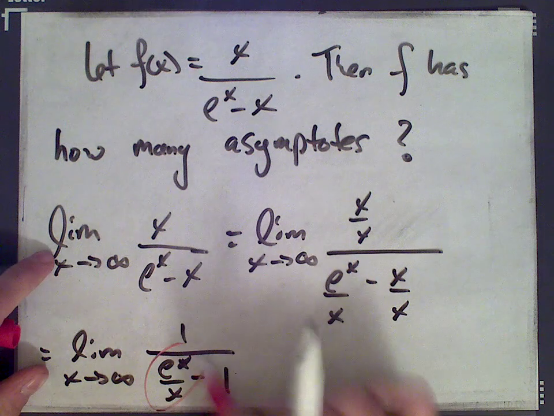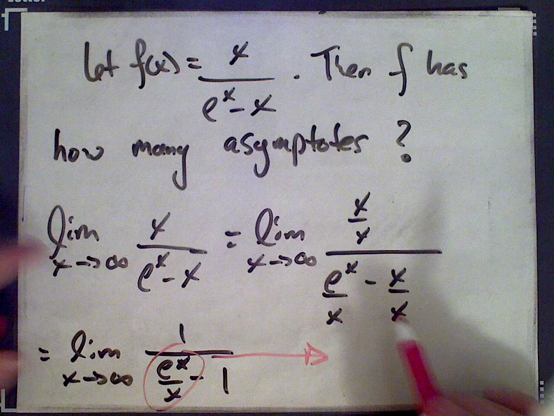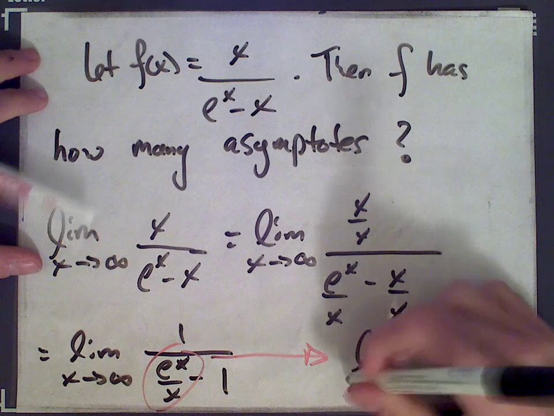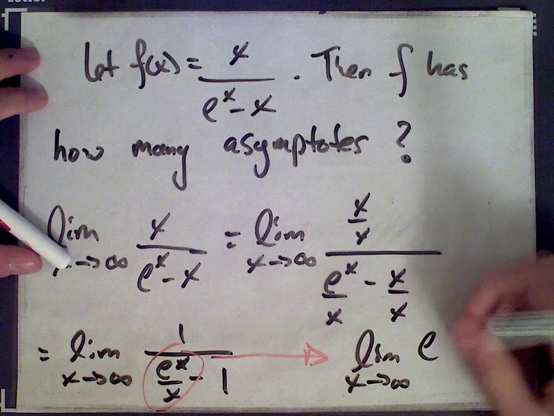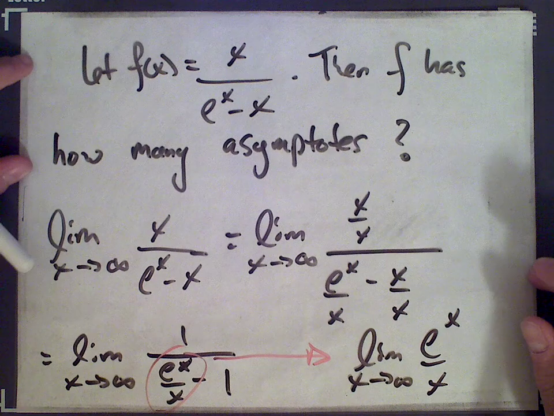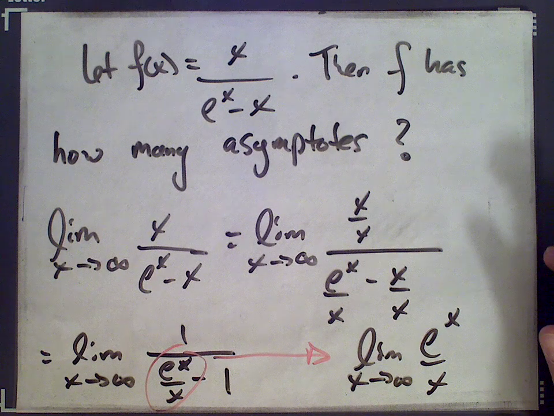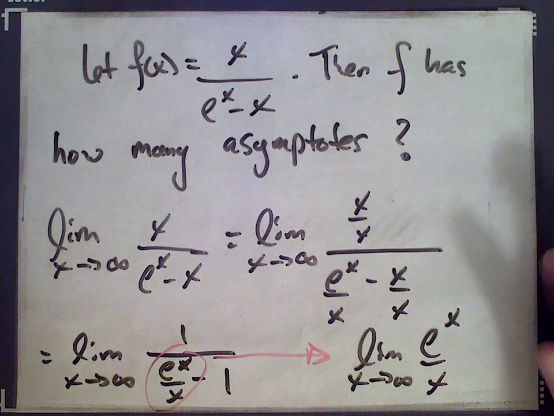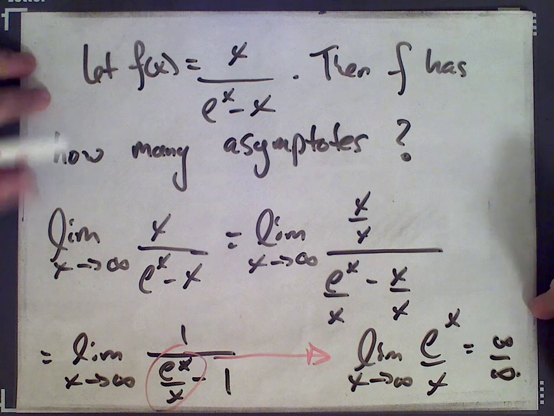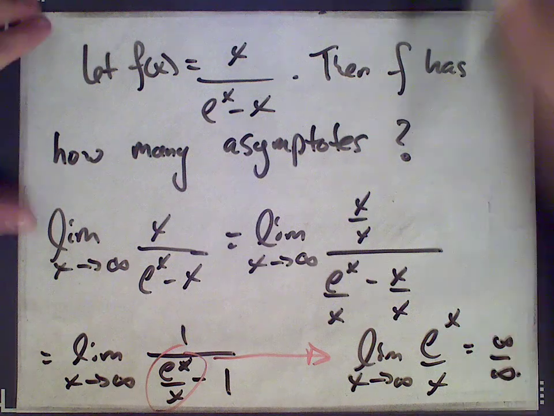So let's see here. e to the x over x, what's its limit as x goes to infinity? Well, plugging in infinity, we get an indeterminate form, infinity over infinity. So we can use L'Hopital's rule here.